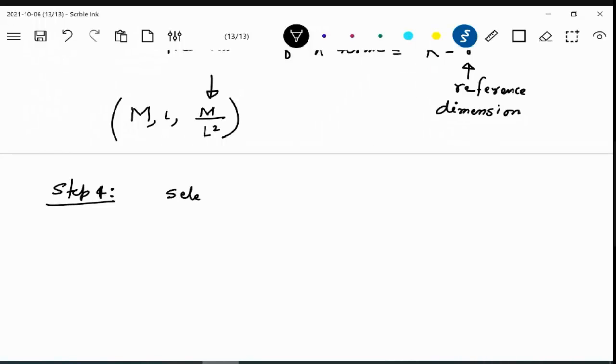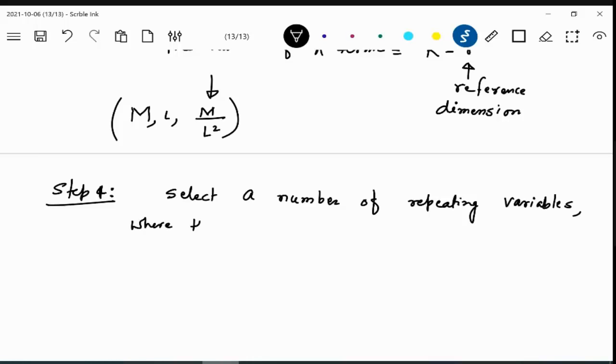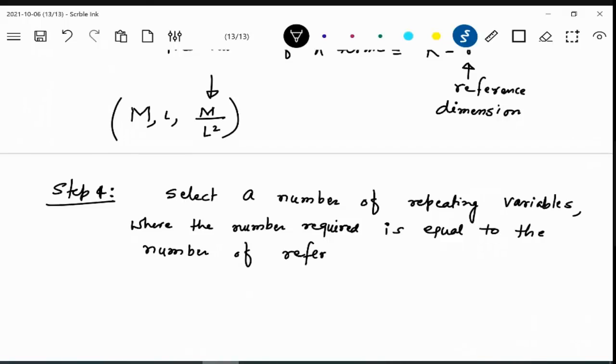So in step 4, select a number of repeating variables, where the number required is equal to the number of reference dimensions.